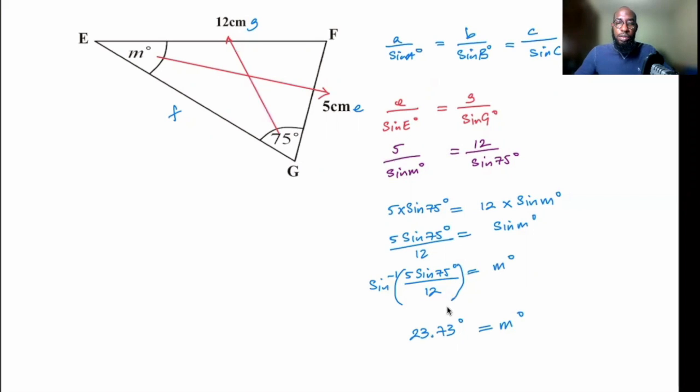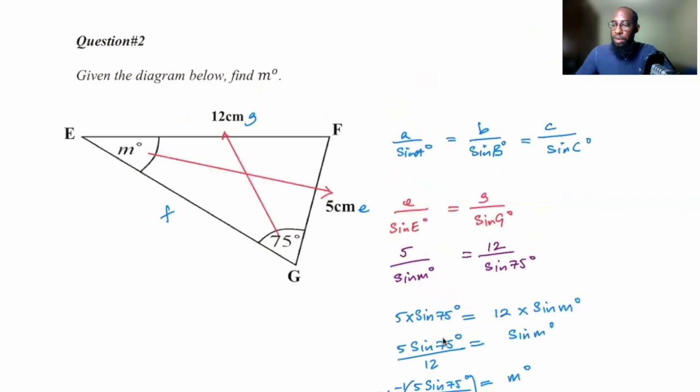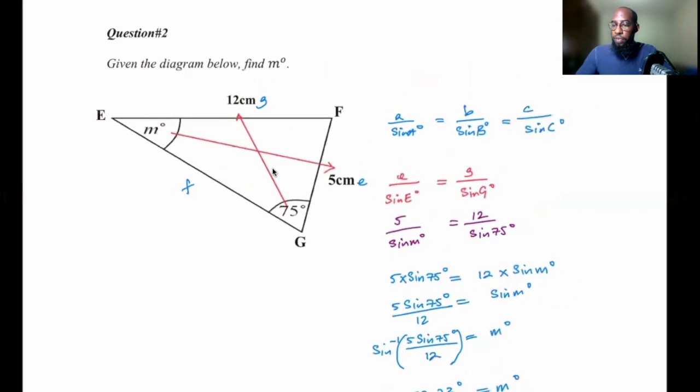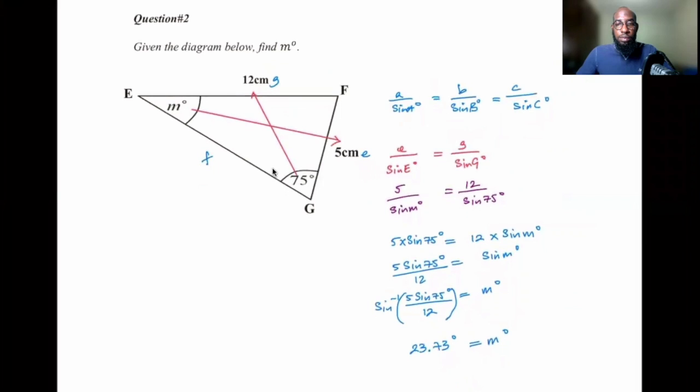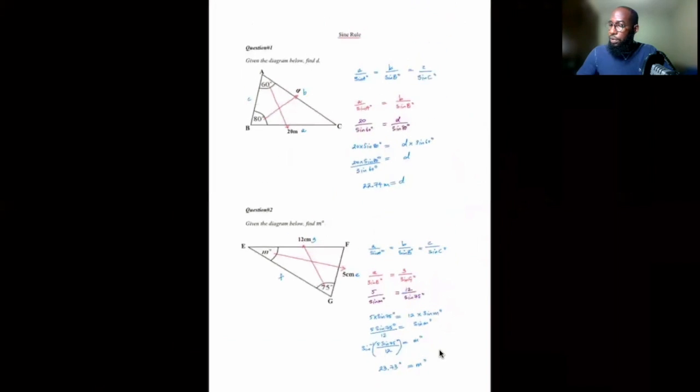I usually put my answers to 2 decimal places, but I have to go back and make sure that the question didn't give me a stipulation. Sometimes the question states whole number, nearest degree. In this question, they didn't give any stipulation. So my answer here is m is equal to 23.73 degrees. So that's it for the sine rule.